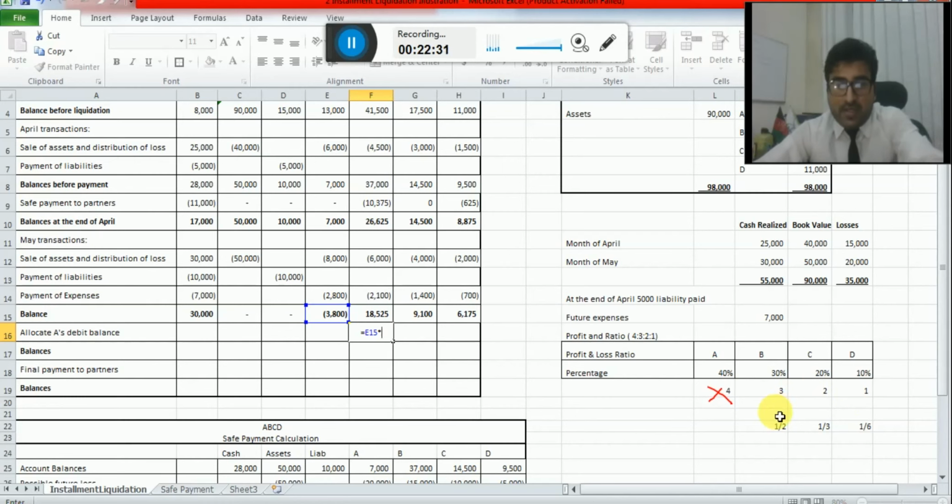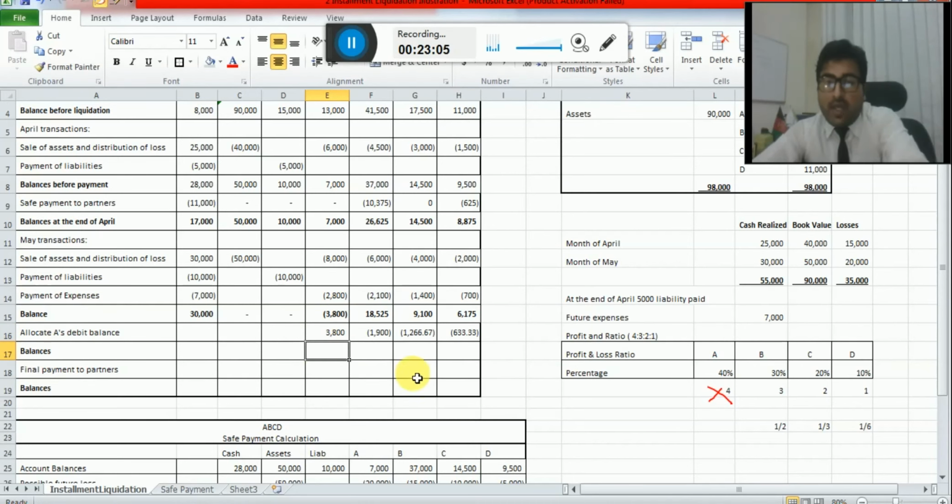So 3 over 6, 3 over 6. Okay, and click on this value, and then we have 2 over 6, right? Here equal sign, then click on the value and multiply with 1 over 6. Okay, now you have to add 3,800 here.